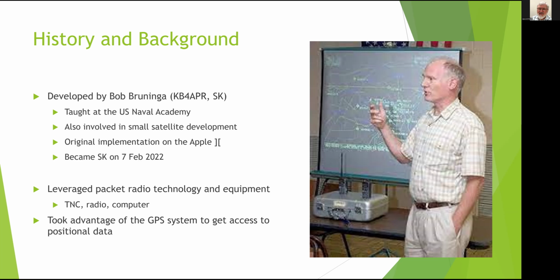And at the time, GPS was just starting to be, I don't want to say demilitarized, but if you look at the GPS system, it has two separate setups to deliver positional information.